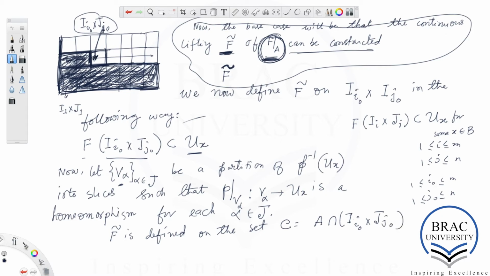And this is nothing but the left-hand edge of this rectangle and the bottom edge of this rectangle. These two edges. Okay, that's C.